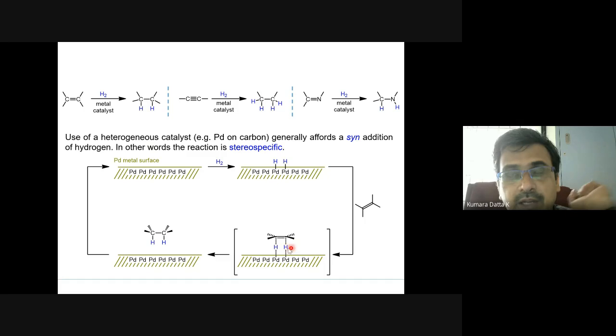The interaction between hydrogen and the double bonded system starts to occur at this place, and once the saturation happens, the molecule will leave the surface. So this is what happens if you want to see hydrogenation reactions with respect to metal catalyst.